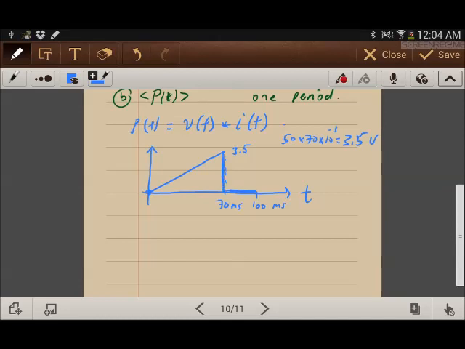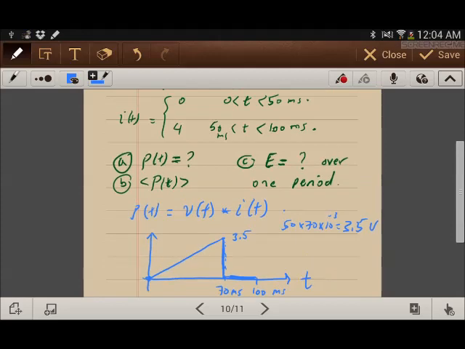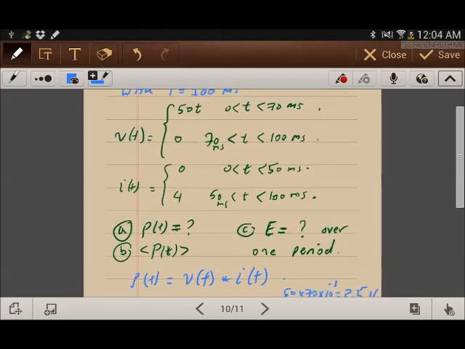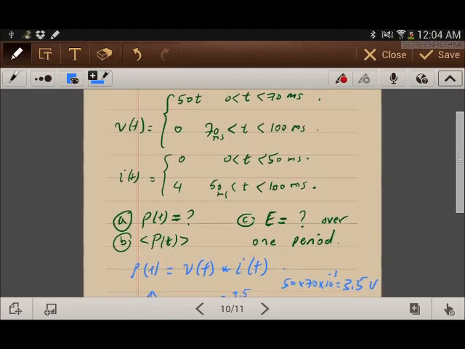Then it's 0 otherwise, between 70 and 100, as mentioned in the voltage function.